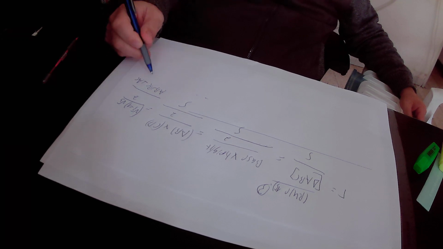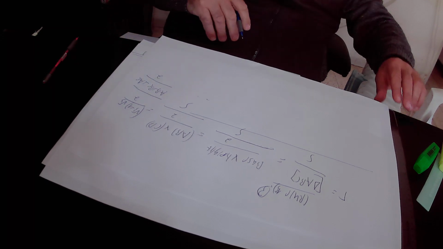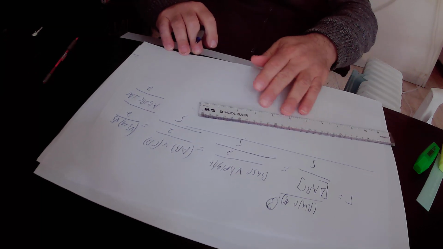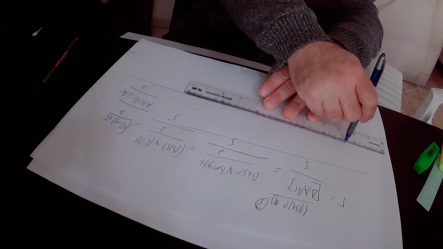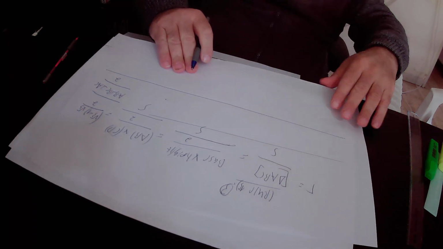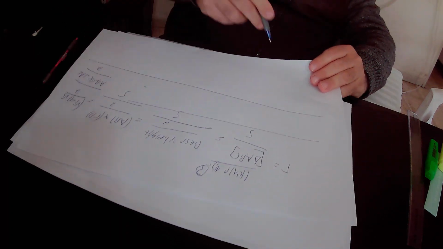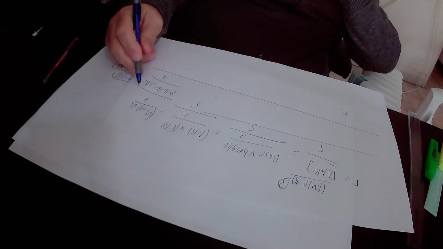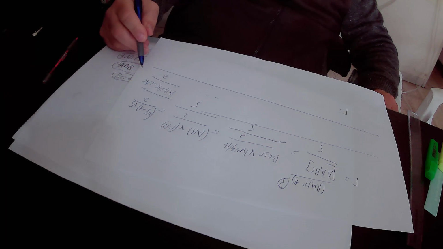If we divide the perimeter by 2, we get the semi-perimeter S. So the radius R that we are looking for of this circle described by triangle ABC equals the square root of 3 plus 1 times the square root of 3 over 2, divided by the semi-perimeter, that is AB plus BC plus AC over 2.